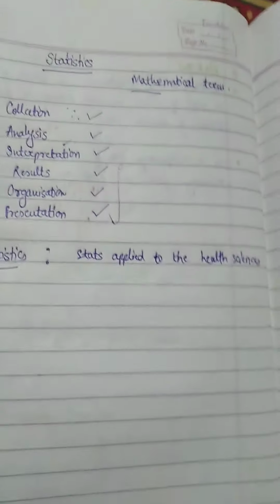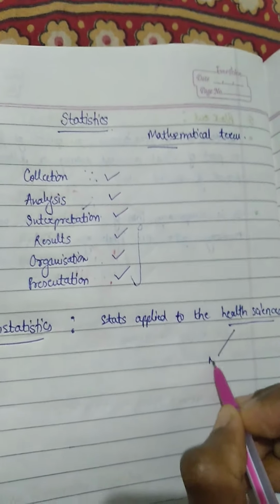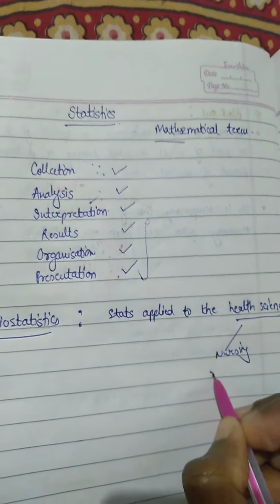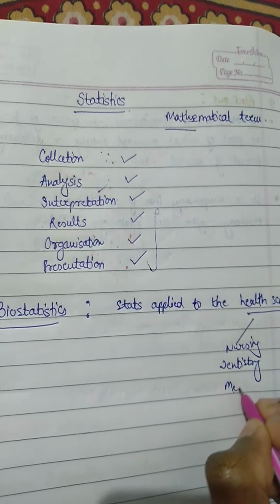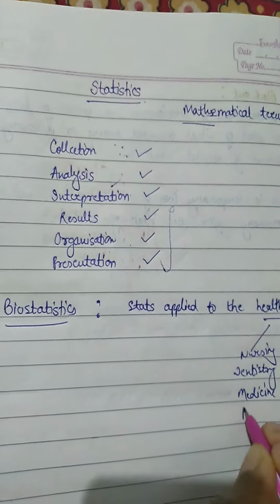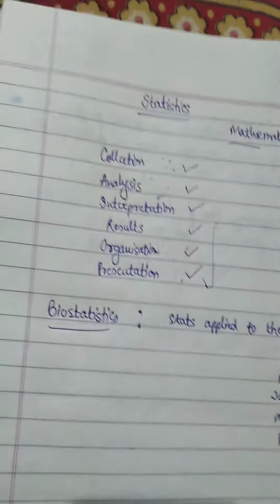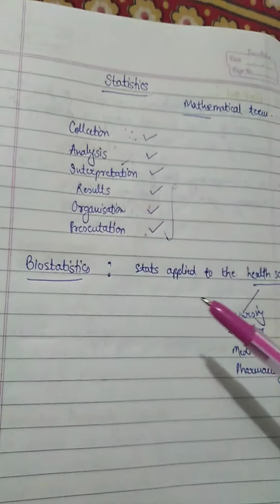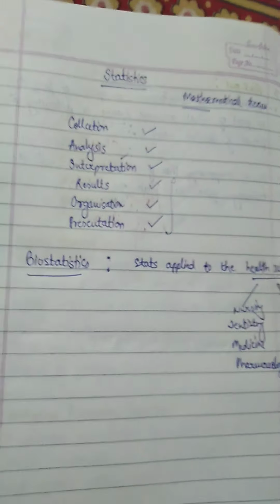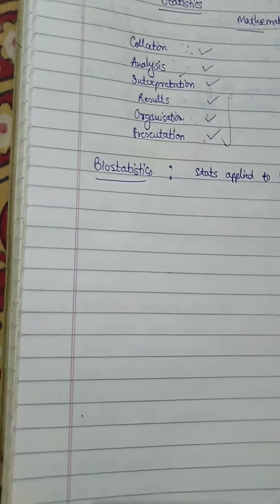The health sciences include nursing, dentistry, medicine, pharmacology. Any one of them can be the field where statistics is used. So if stats is applied to the field of health sciences, it is referred to as biostatistics. We are not going to say we are dealing with statistics, it is biostatistics.